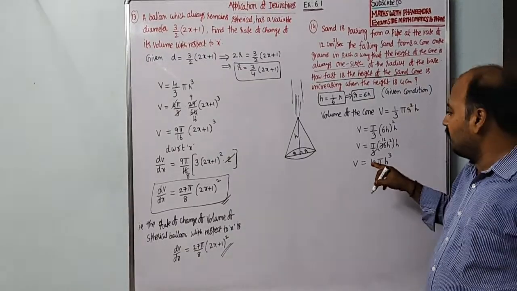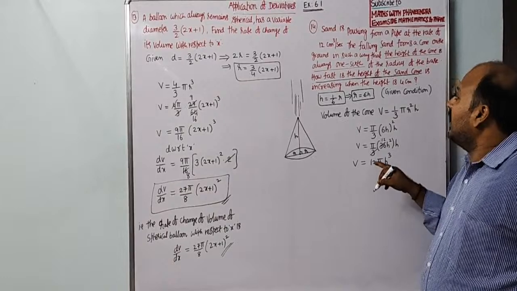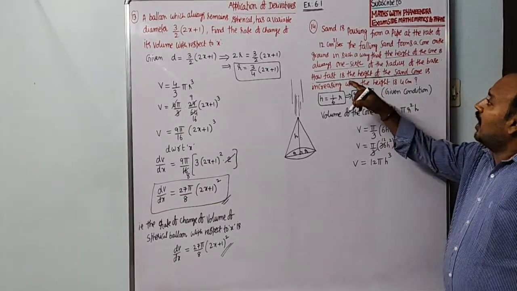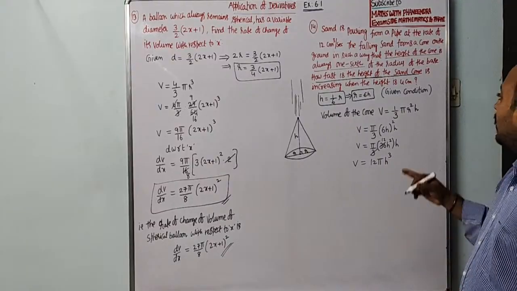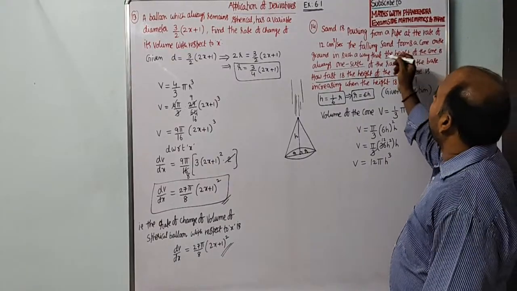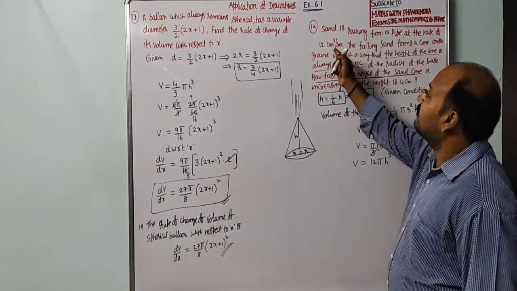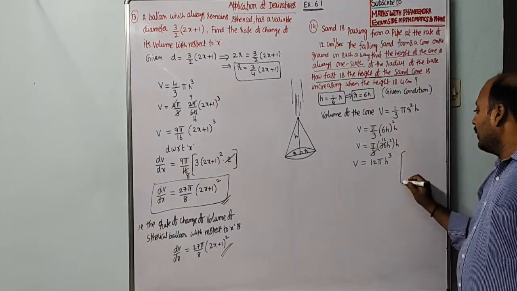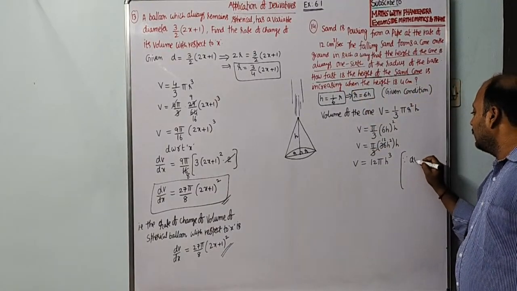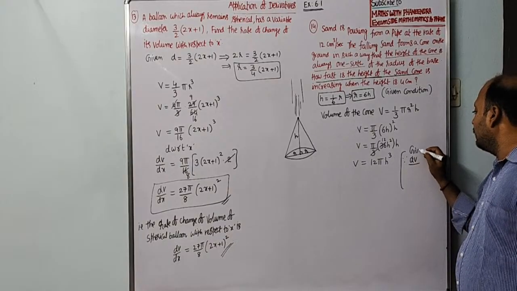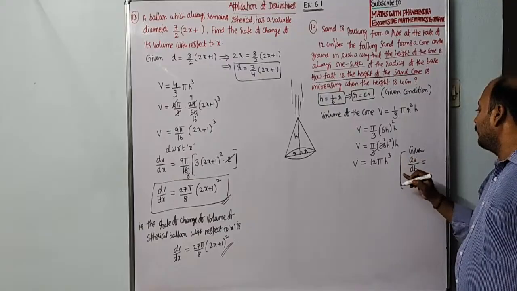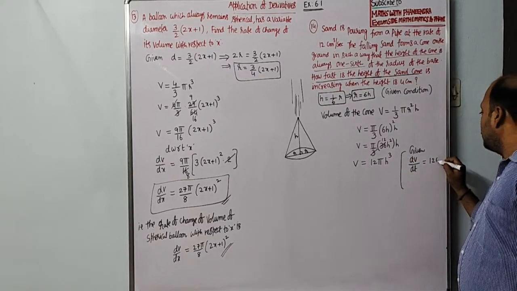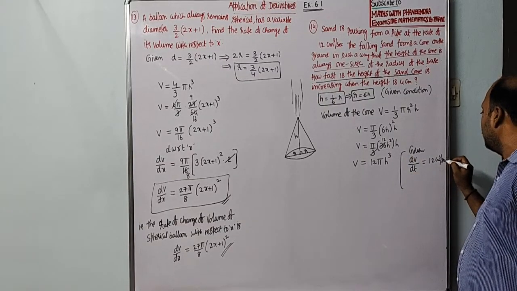After finding the volume of the cone, they are asking to find how fast the height is changing. One more piece of information is there: the rate of change of volume is given. dV/dt is 12 centimeter cube per second.